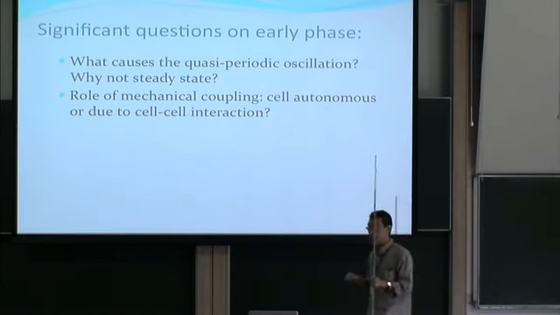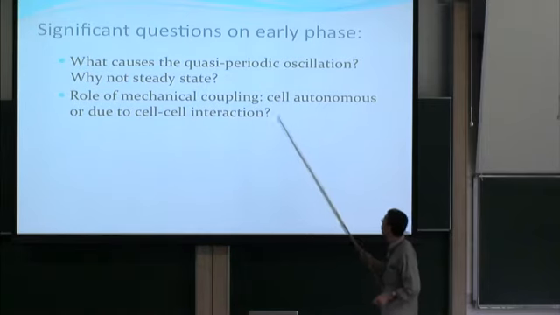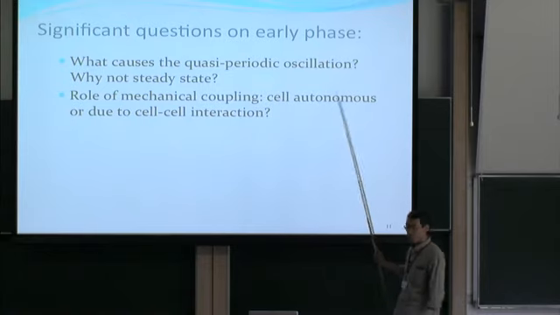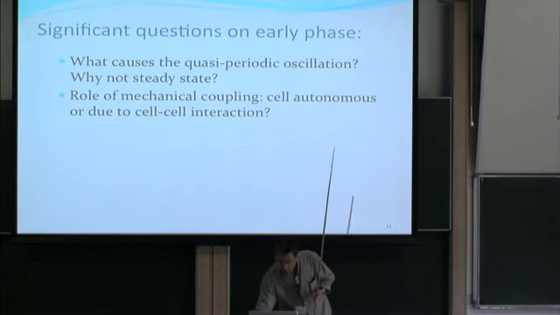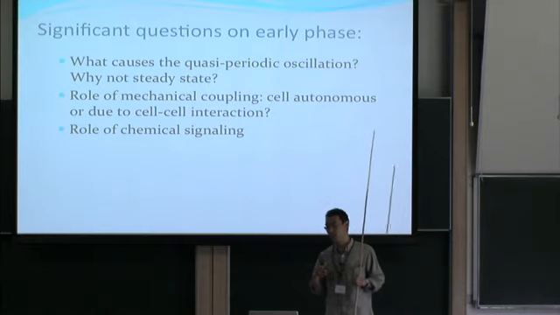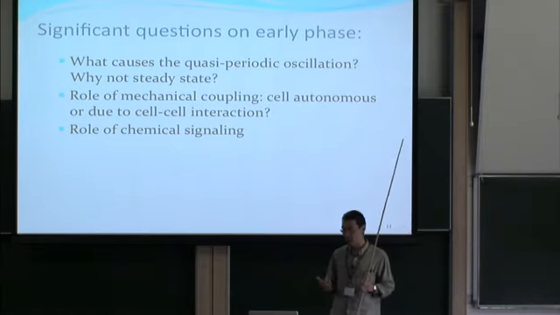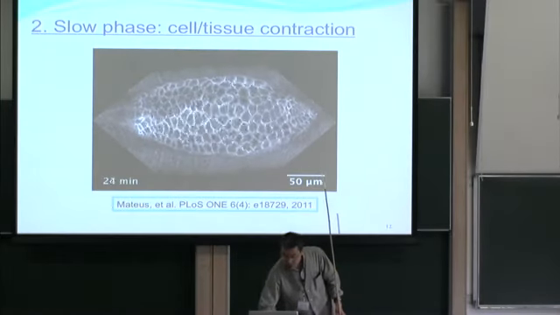So this is a big question that has been debated in biology, in the literature for some time. So they wonder whether the cell oscillation is autonomous or due to coupling. And finally, what is the possible role of the chemical signaling in this process? So those are questions we'll try to probe or even answer later on.